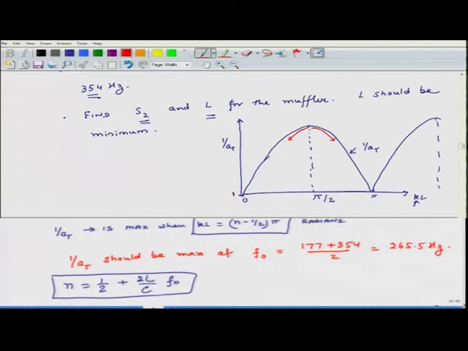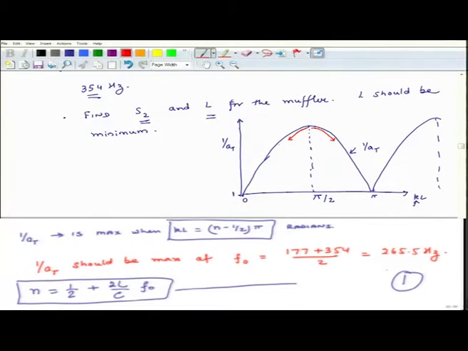If I make these substitutions, I get this relation, and let us call this equation 1. And this pi by 2, or 3 pi by 2, or 5 pi by 2, should correspond to 265.5 hertz.